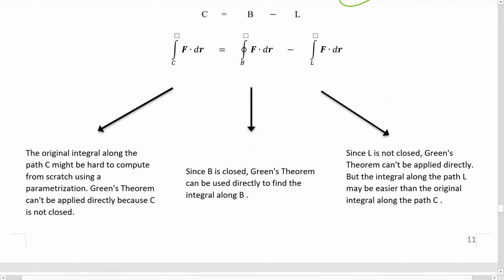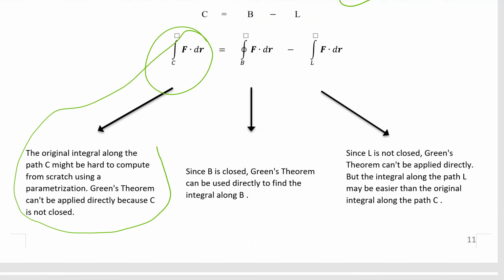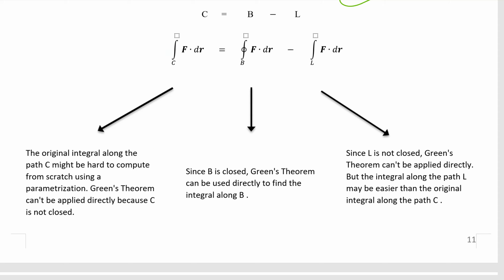Yeah, so this is the original integral along the path C. It could be hard to compute from scratch using a parameterization. And Green's theorem cannot apply directly because C is not a closed curve. Okay, however, after we add the line segment, the edge, now we get a closed curve.